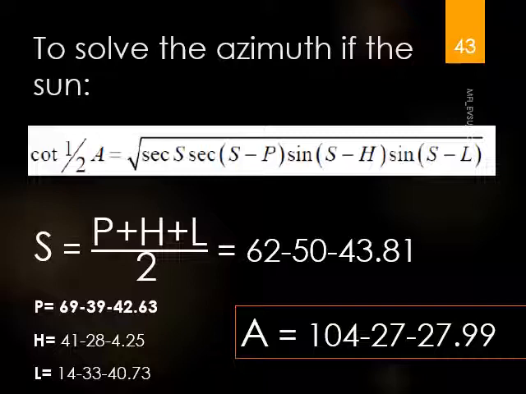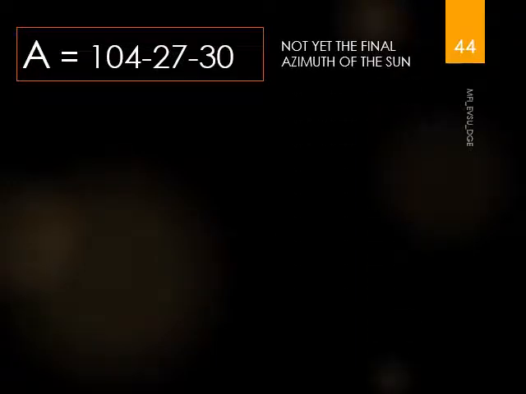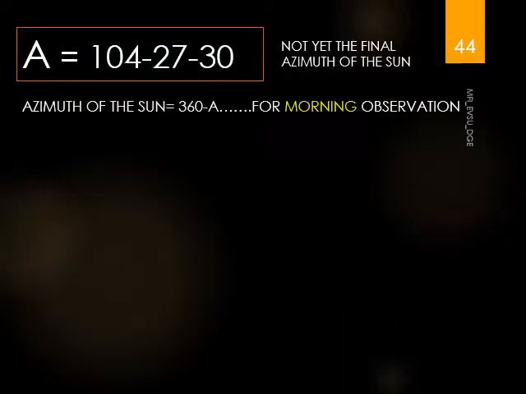So if this is the azimuth of the sun, how are we going to compute the azimuth of line T1 to T2? So let's draw. How are we going to determine the azimuth of line T1 to T2? So yung ating azimuth ng sun is 104, 27, 30 from south. So this is not yet the final azimuth of the sun. The azimuth of the sun is 360 minus A for morning observation.